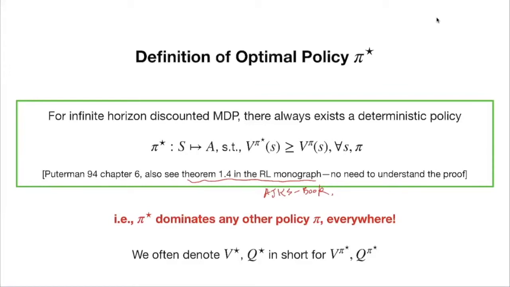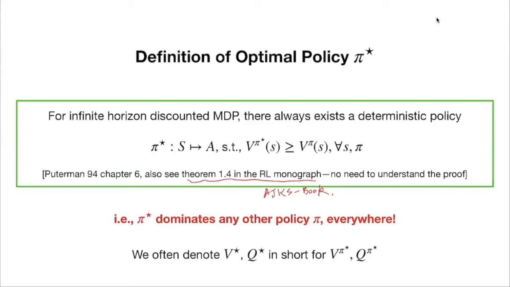If you want to look at the proof, you should read theorem 1.4, because you will not really be able to find a correct proof of this theorem online. When we were writing this book, we searched a lot of stuff online, and a lot of it was actually not correct.